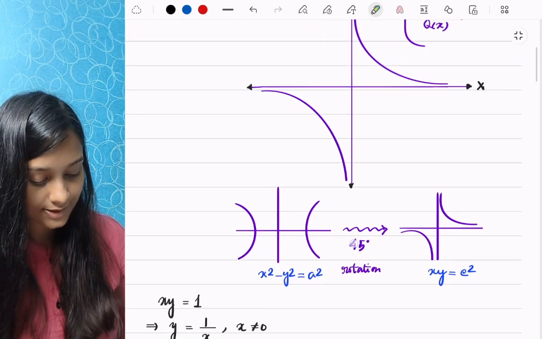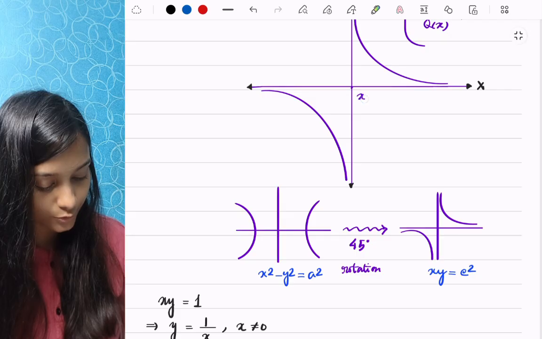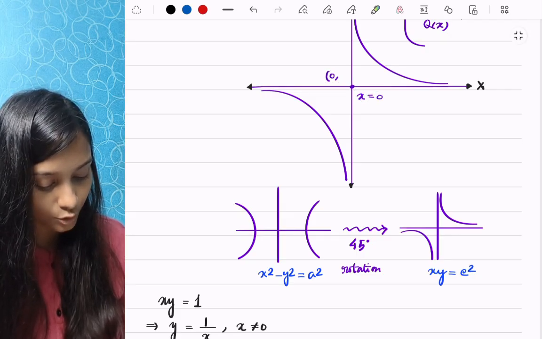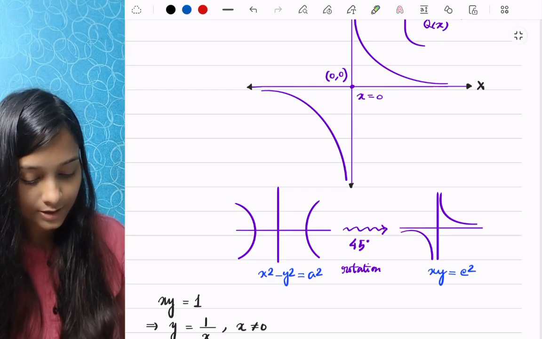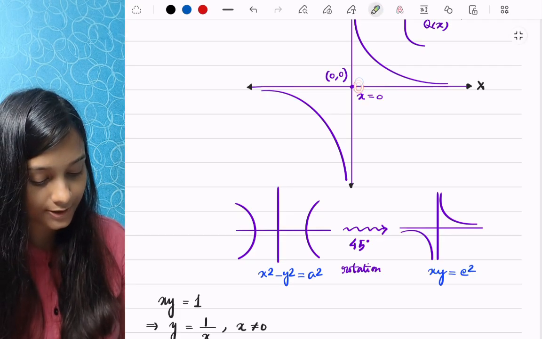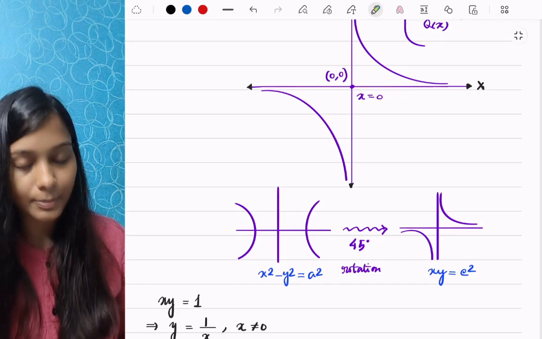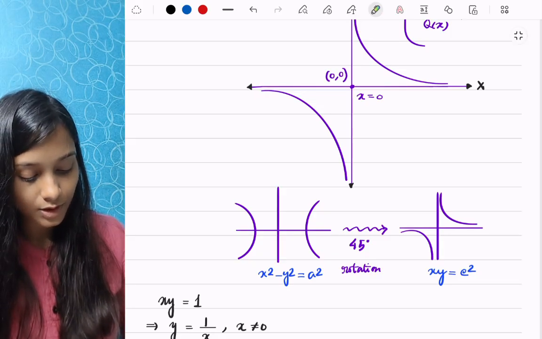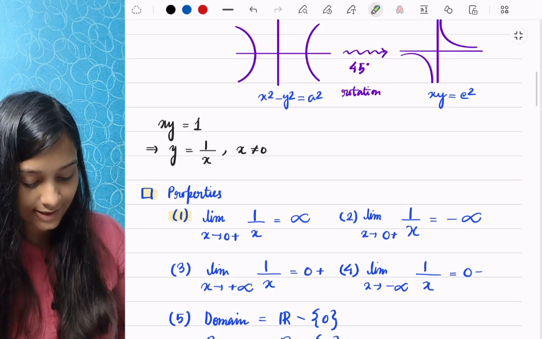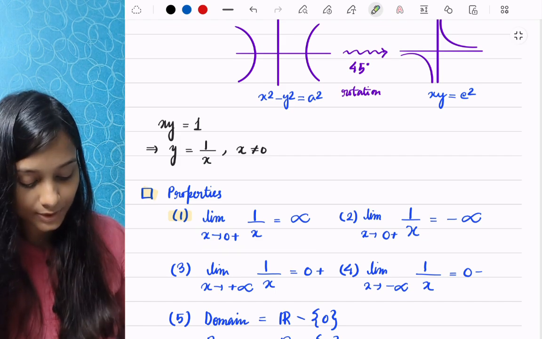So if this point here is x equals 0, or we can write this point as (0, 0), then it should be here, very near to x equals 0, but to the positive side of x equals 0.